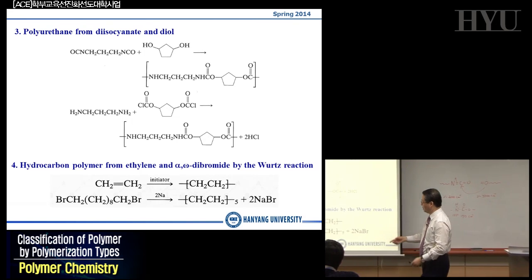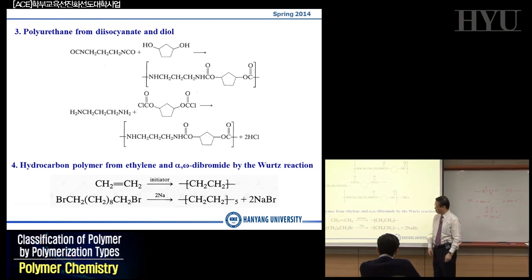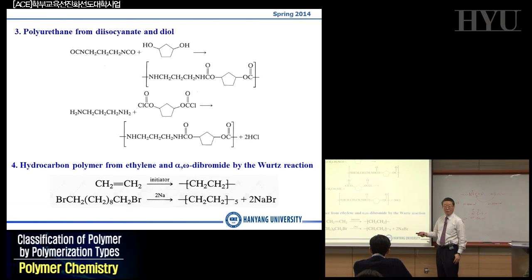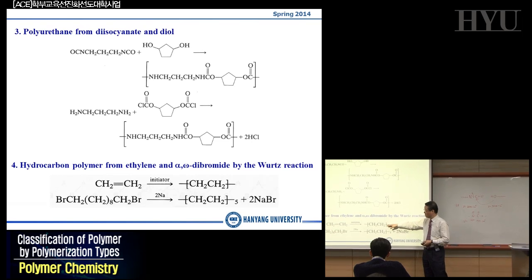You can make a polyethylene. Usually the first reaction is quite typical. You have ethylene monomer. You add your initiator to make the polyethylene. Now this reaction is an addition reaction.